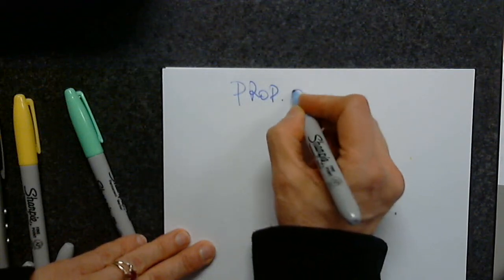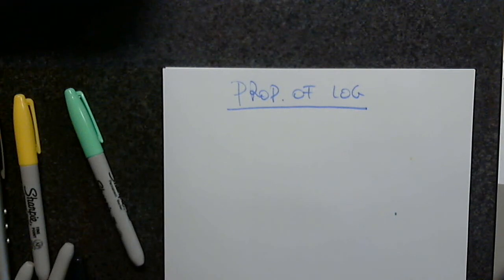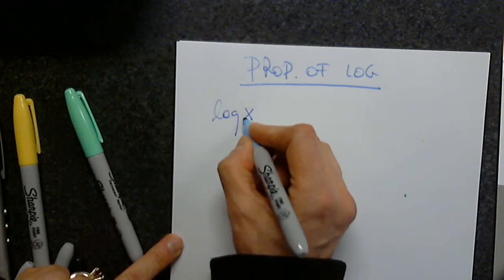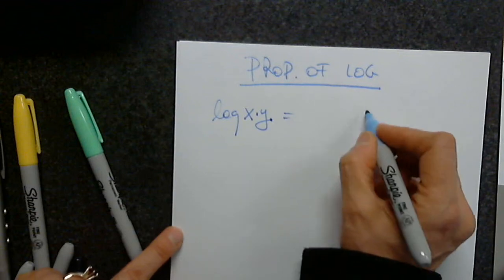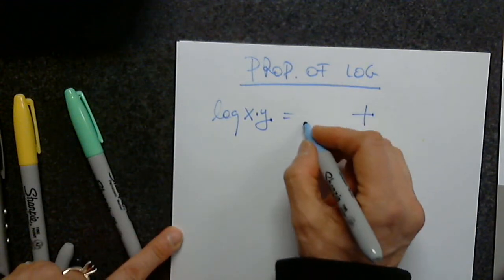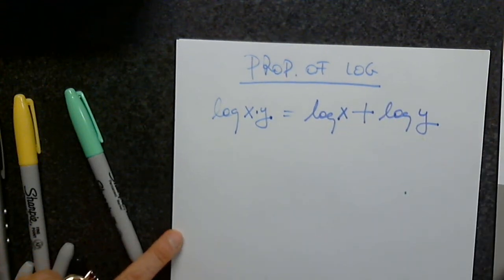Properties of log. There are three properties that no other function has. So here is the first property. Log of x times y. This is the sum of two logs. Log applied to x and log applied to y.